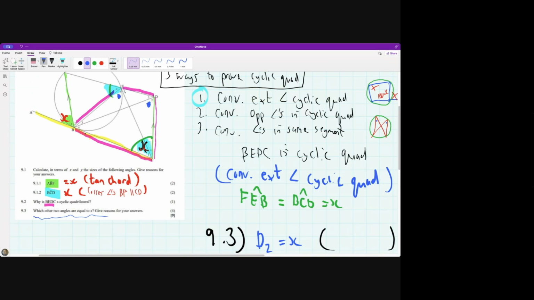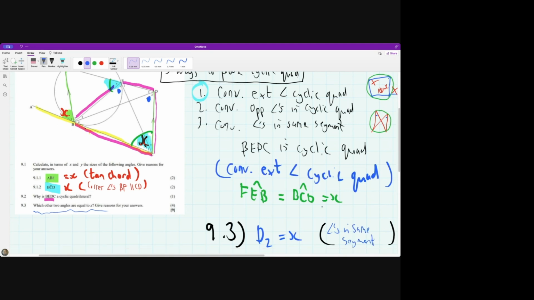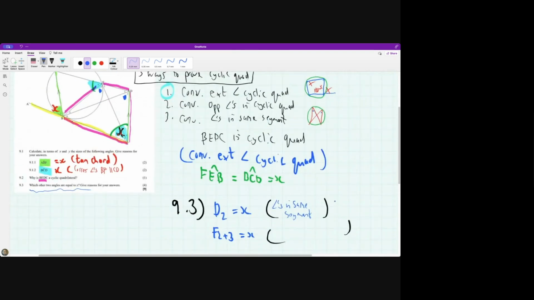That one is X over there, which means D2 has to be X, and that's just the butterfly shape, or what we call angles in the same segment. So we're just saying that D2 is equal to X, because of angles in the same segment.